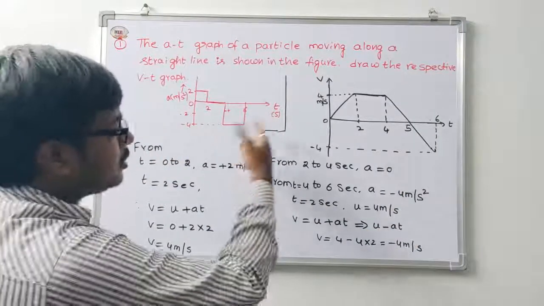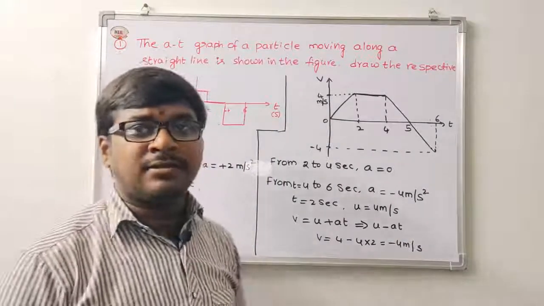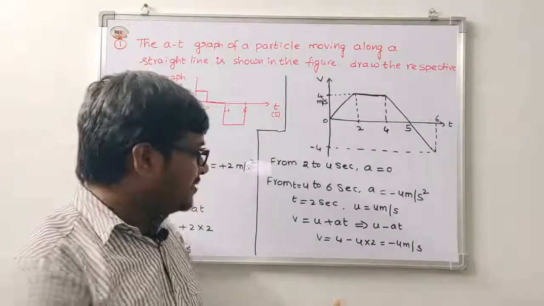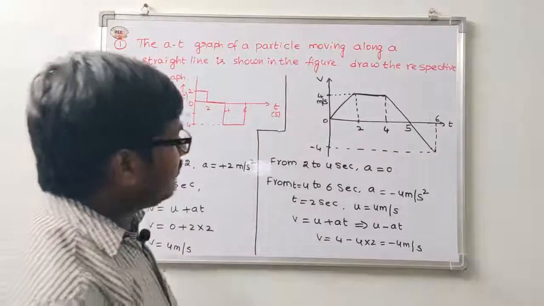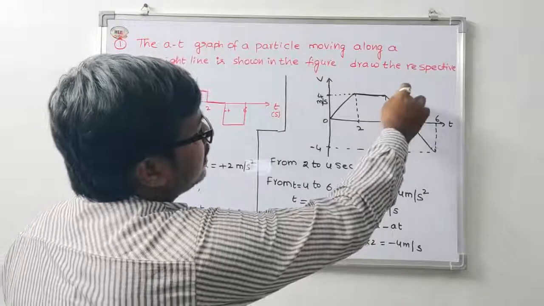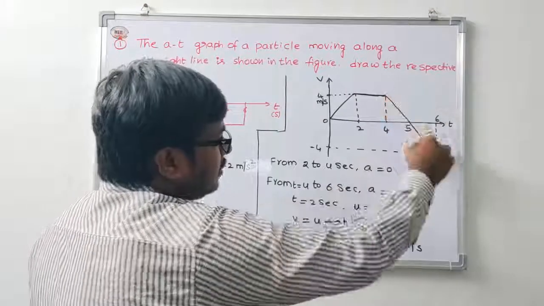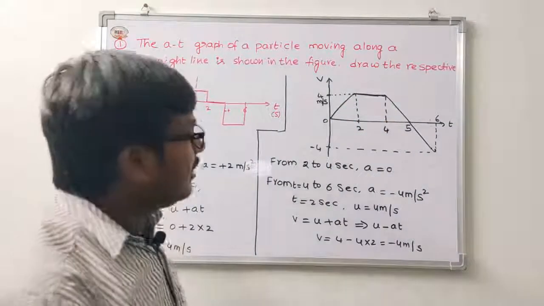So from 4 to 6 seconds, the time interval is t2 minus t1, so 6 minus 4 is equal to 2 seconds. Using the kinematics first equation, v is equal to u plus at, find out v, students. In the graph, it goes down, the velocity will decrease.